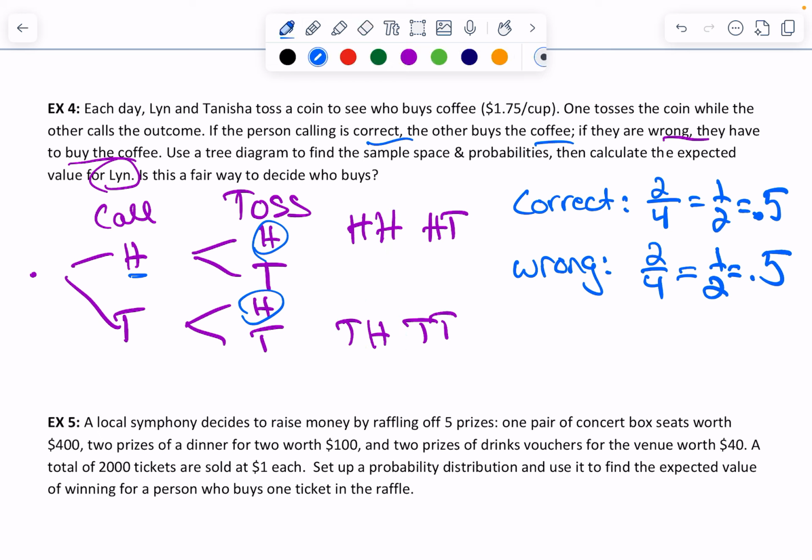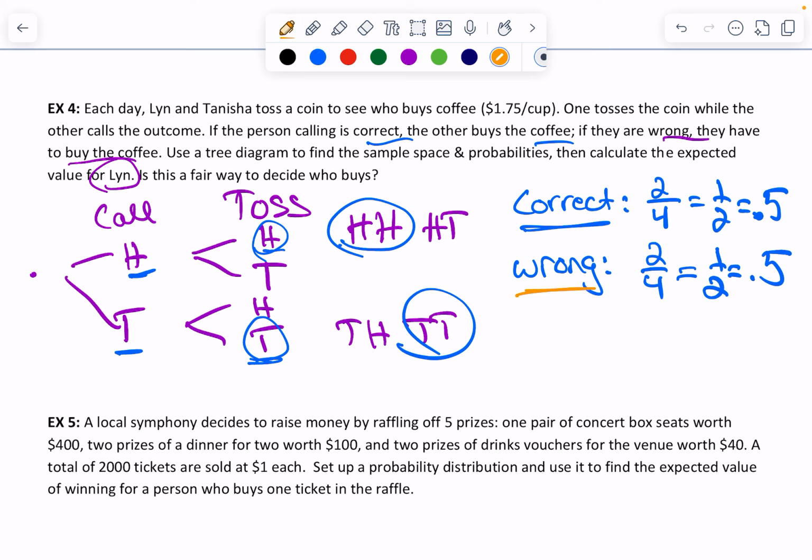The correct ones here would be if they call heads and the toss is heads, or if they call tails and the toss is tails. These are the correct ones. Now, for the wrong ones, if they call heads and toss tails, it's this one, and if they call tails and toss heads, it's this one. Sorry about that. I got confused myself right there. But that's how it works.